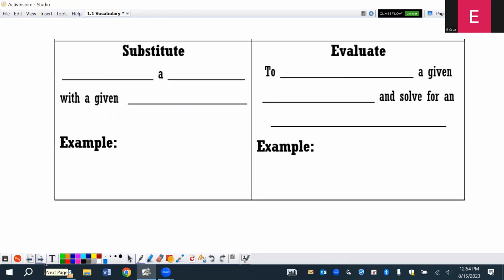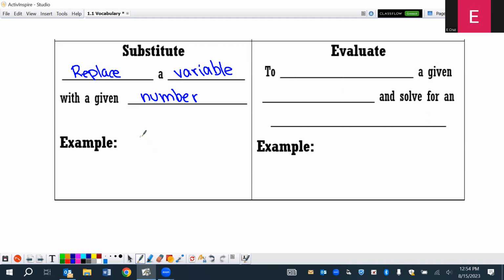Right, the last two terms on page 1 are substitute and evaluate. Substitute is to replace a variable with a given number.